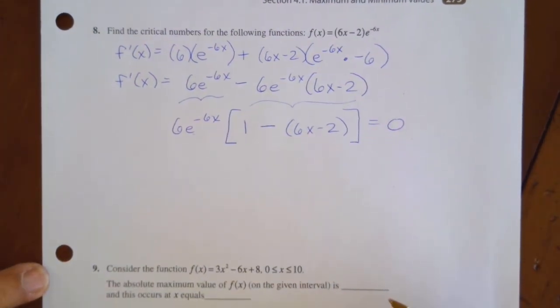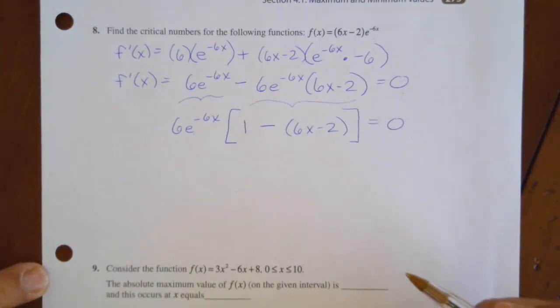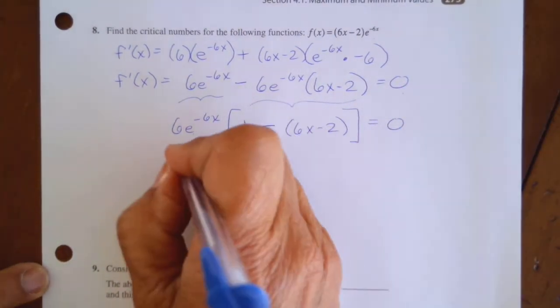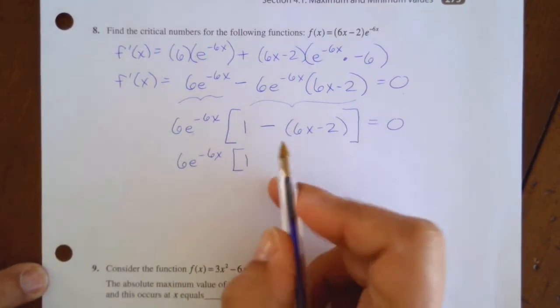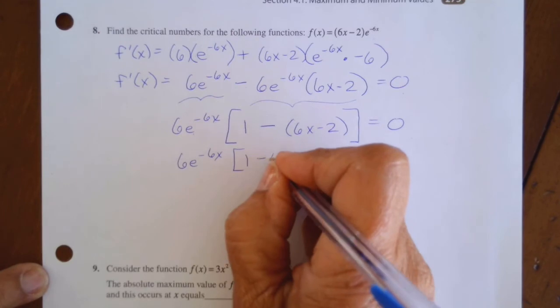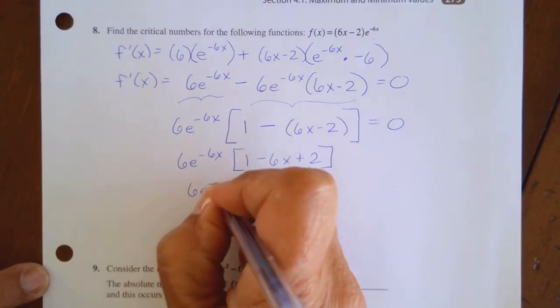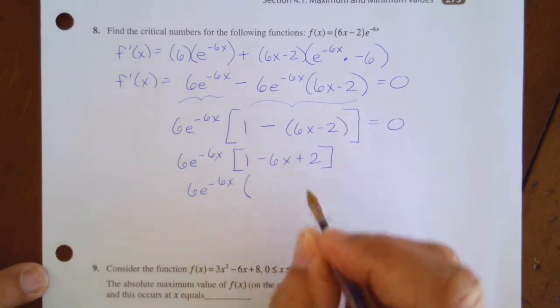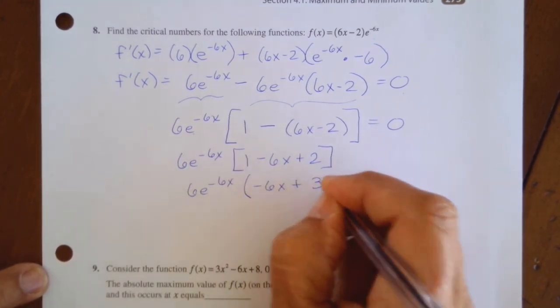Okay, set the derivative equal to 0. Right? That's what I'm doing. Okay, so let's simplify this bracket. So 6e to the negative 6x. I've got 1. Distribute that minus through there. So that's minus 6x plus 2. So 6e to the negative 6x times, I've got negative 6x plus 3, right? 1 plus 2.